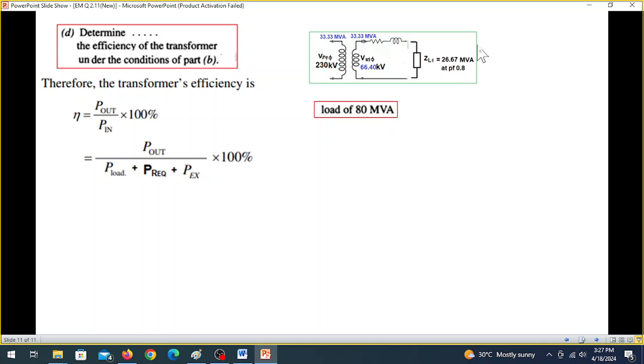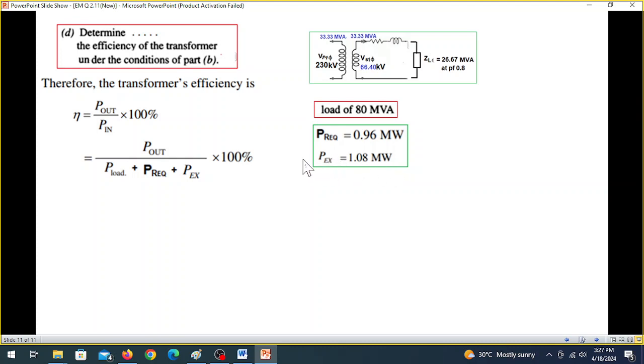Now the total load was 80 MVA, so we'll use that because now we are using the efficiency of the total transformer. And P R equivalent was 0.96 megawatt and P excitation was 1.08.